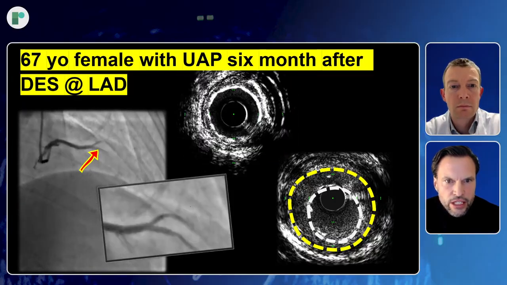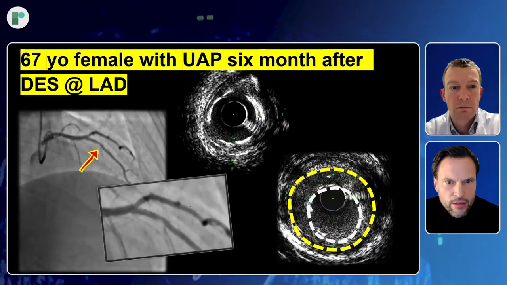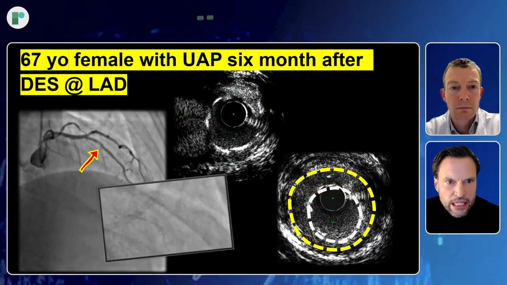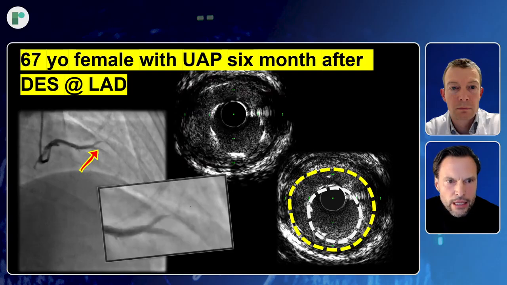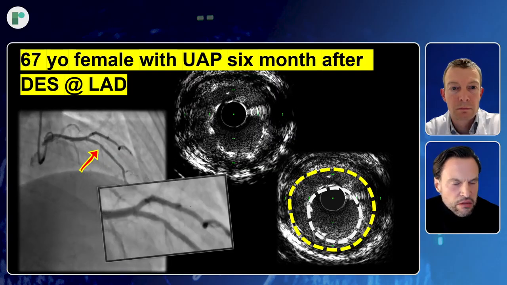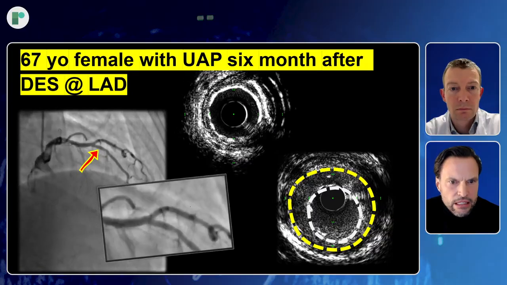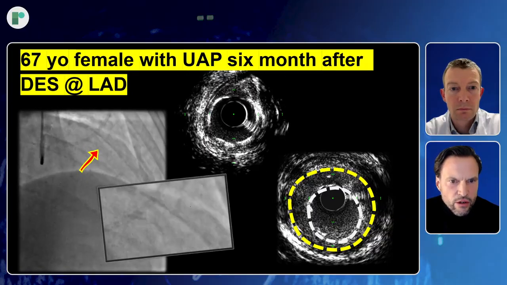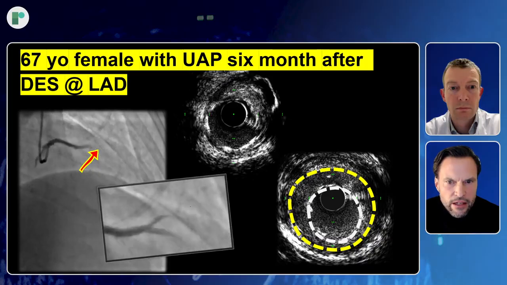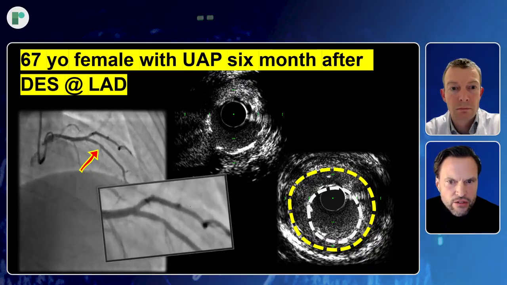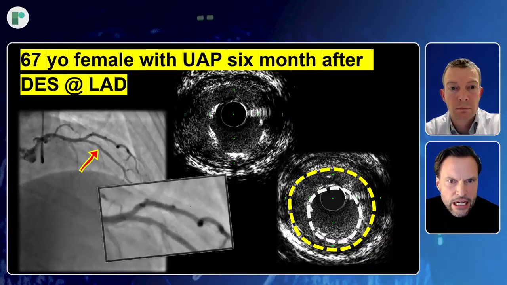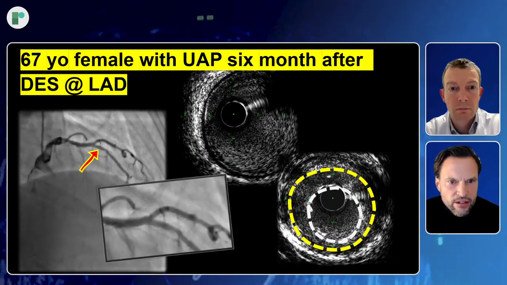And this was another patient who presented with unstable angina after stent placement just a few months ago. You see this coronary angiogram; it doesn't look like a severe stenosis, but the patient had symptoms. Then if you perform intravascular imaging, you see a significantly under-expanded stent in this LAD.